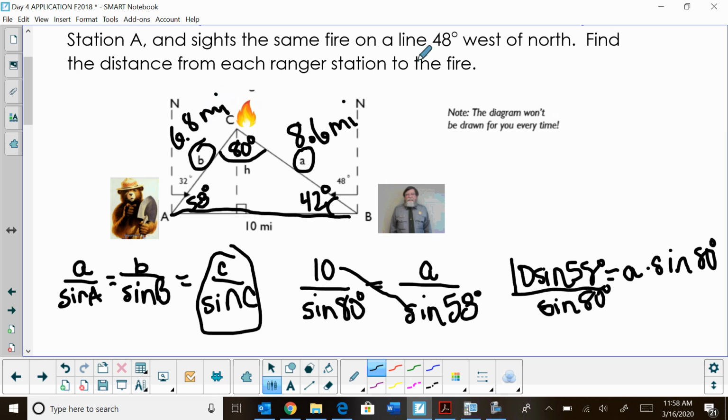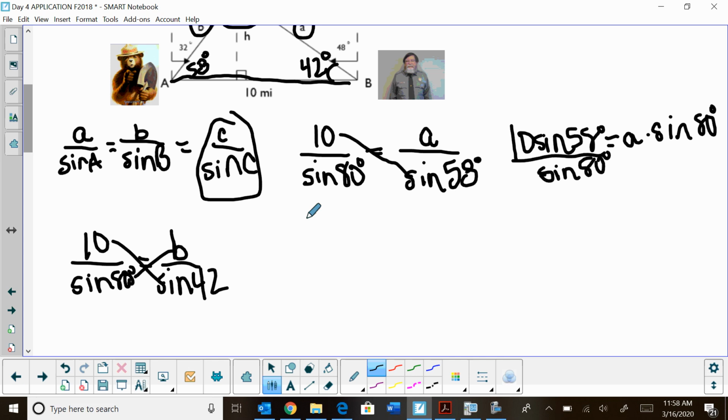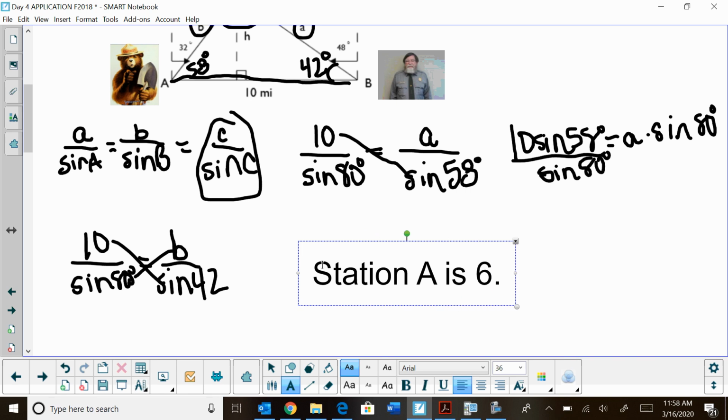So the question asks, find the distance from each ranger station to the fire. So let's summarize that. Station A is 6.8 miles from the fire.